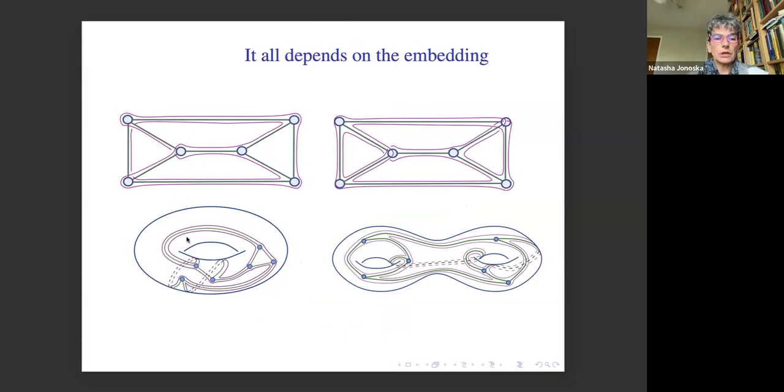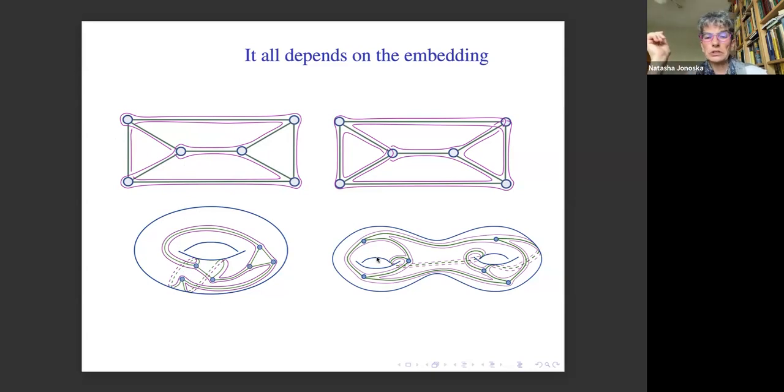Here, if I embed this graph on a torus, I am introducing one change in the vertex, and here's the embedding. I am missing 2 cycles here, one boundary component and another boundary component. This is a reporter strand that visits every vertex at least once, and the graph is embedded in a torus.